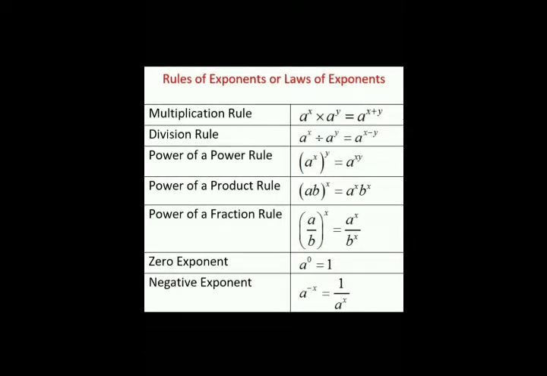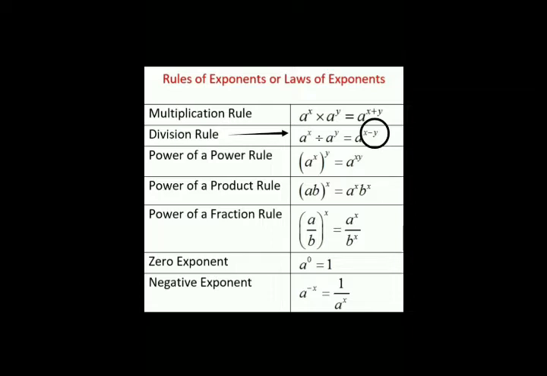Now we take our second rule, the division rule. In this rule we can see a raised to the power x divided by a raised to the power y. First we check the base. In this rule both bases are the same, a, but here we have a division operation. So whenever we have a division operation, we have to take the subtraction of their powers.